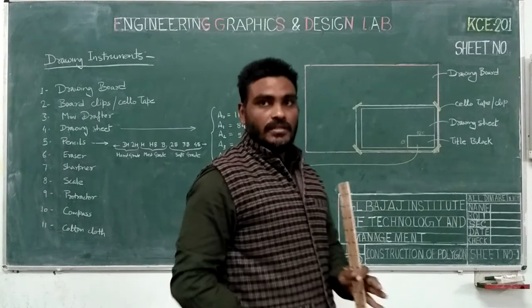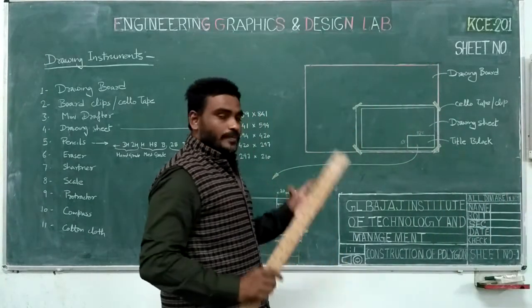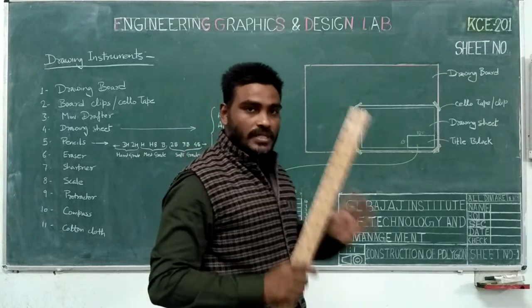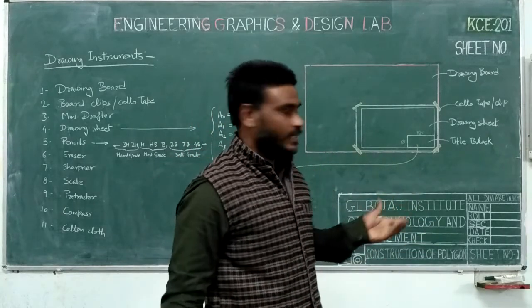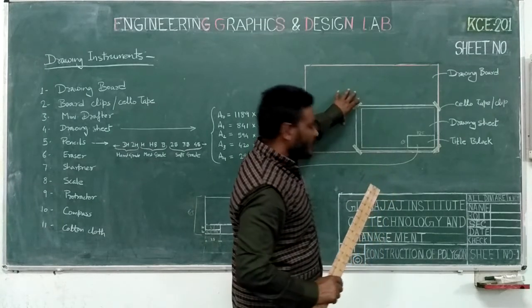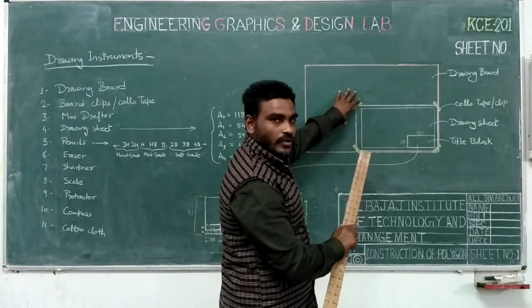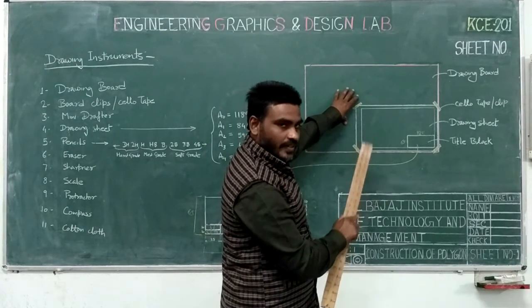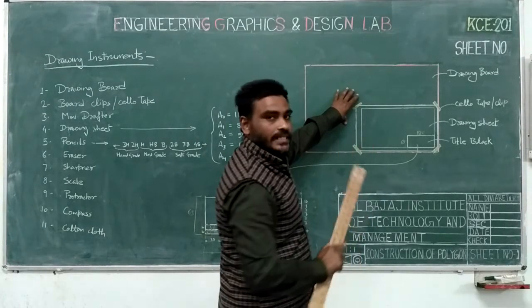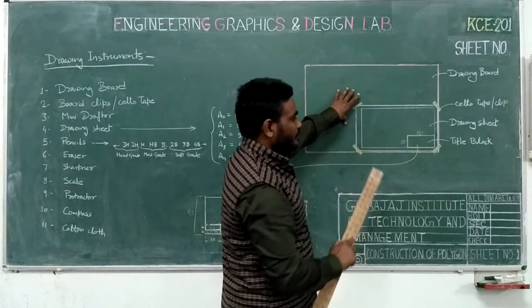So in this lecture, I have simply explained what you have to do before proceeding with any sheet. You have to take your drawing sheet and fix it at the right bottom corner of the drawing board. After fixing the drawing sheet, you have to mark a border line.